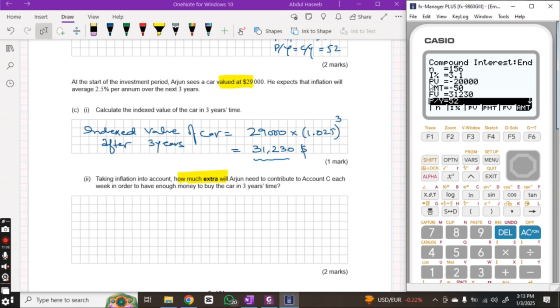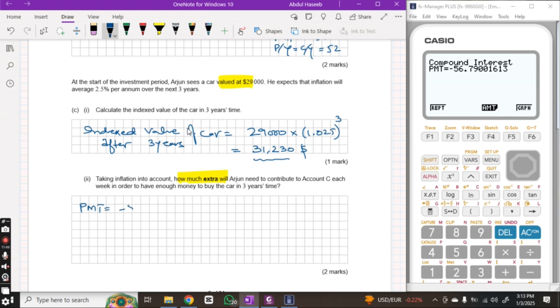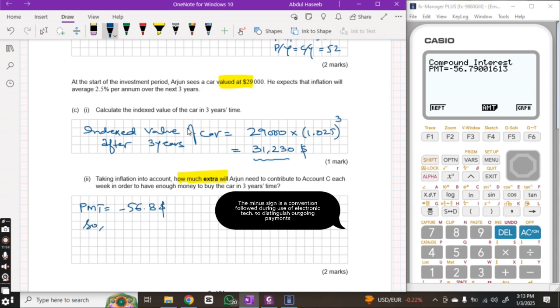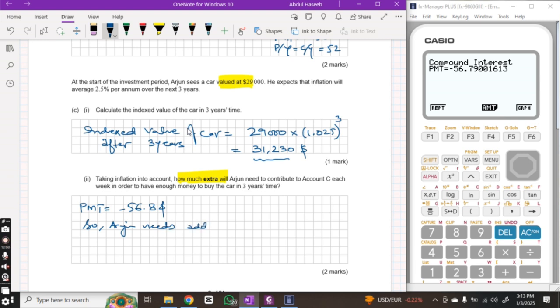So let's see what the updated PMT is. PMT comes out to be minus 56.79. So Arjun needs an additional $6.80 contribution to account C per week.